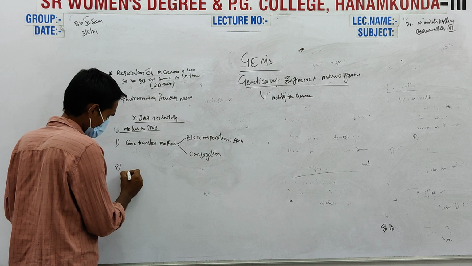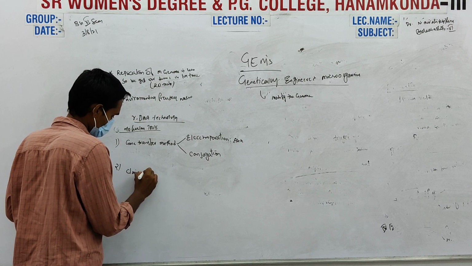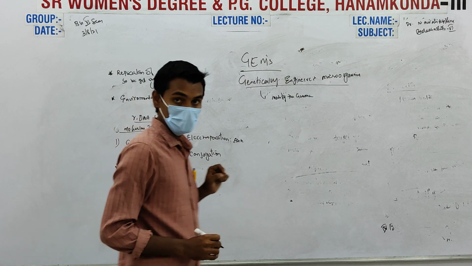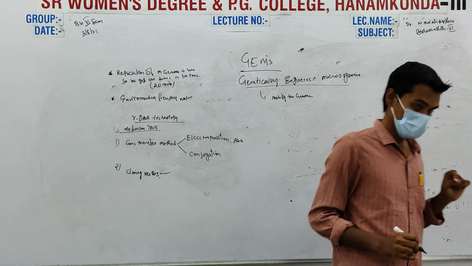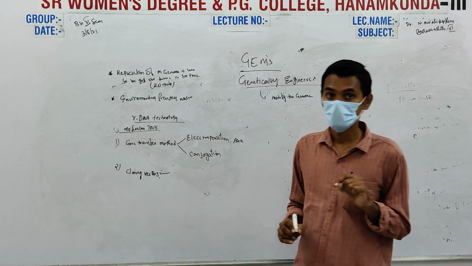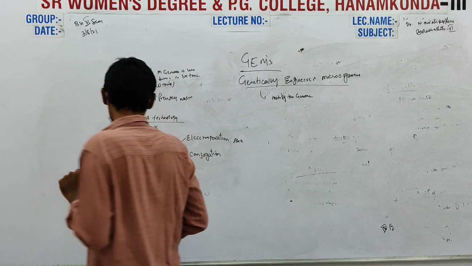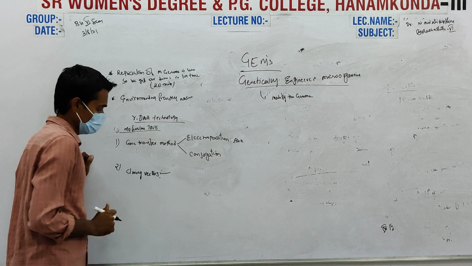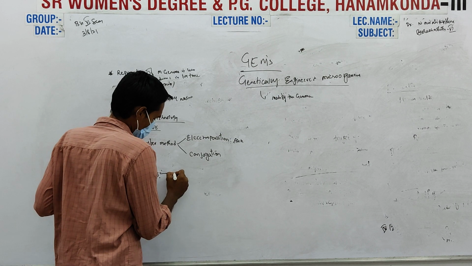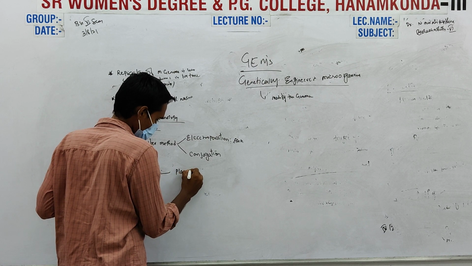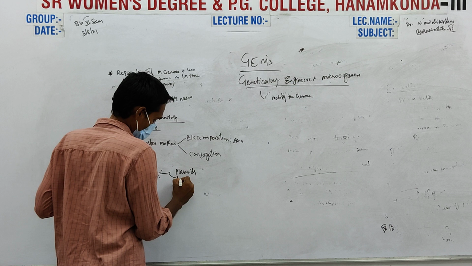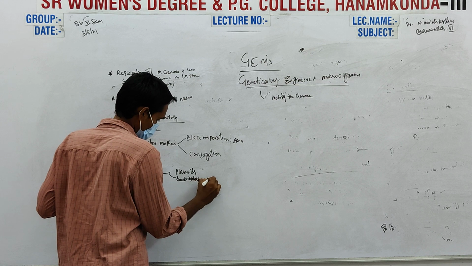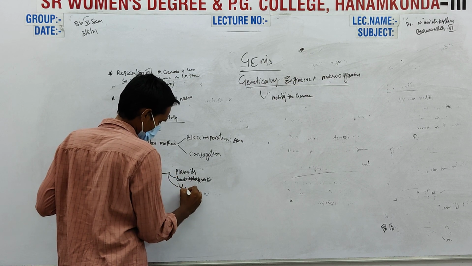The second one is cloning vectors. Cloning vectors are the vehicles which carry the gene of interest, which include plasmids, bacteriophage vectors, and yeast vectors.